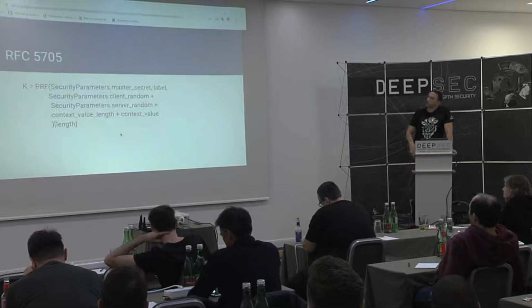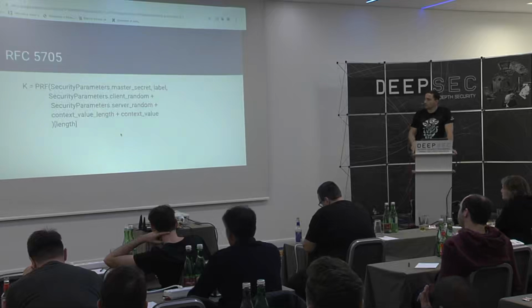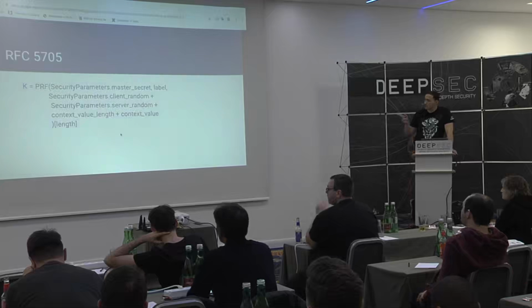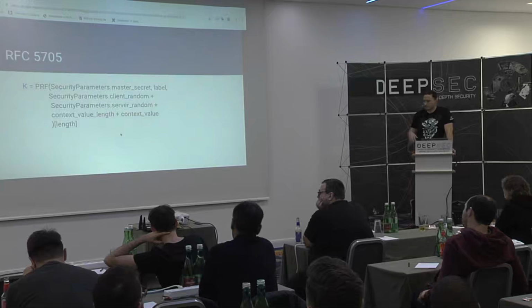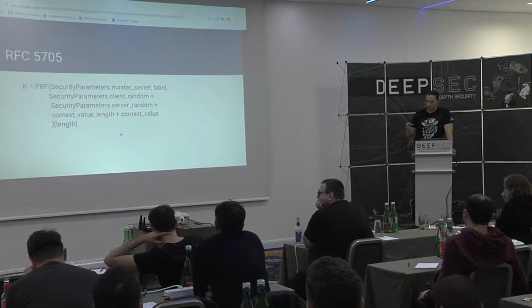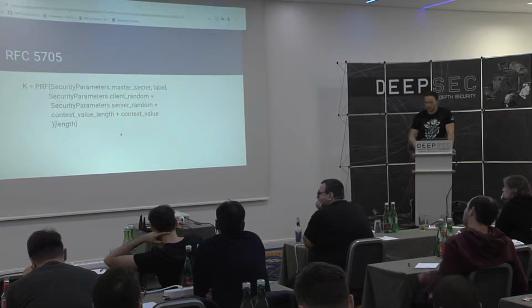So peers must use the master secret, which is the same on both parties, the client random, the server random, and a context value like "my secure protocol" or something like that.